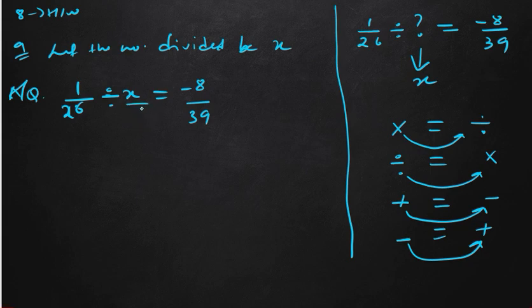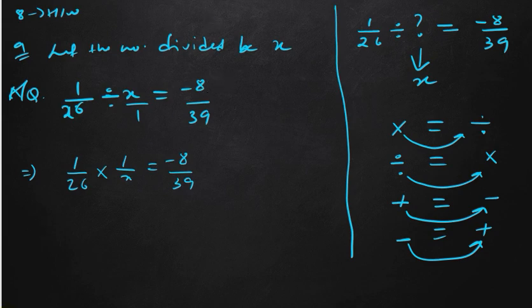That means x by 1, because the denominator of x is not given, so we take it to be 1. So the first step will be 1 by 26 into, this division becomes multiplication, and x by 1 becomes 1 by x, equals minus 8 by 39.